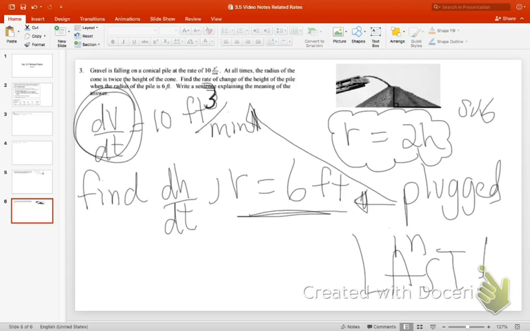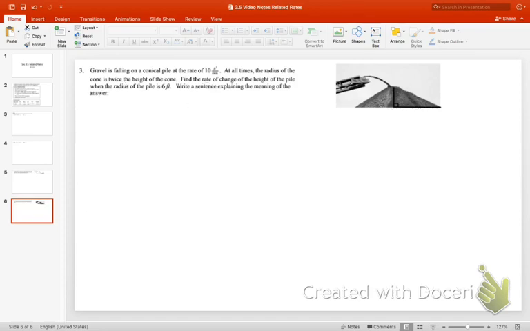So we have to know our formula for the volume of a cone. If we go to our formula sheet, our volume is 1/3 pi r squared h. This is the formula for the volume of a cone.